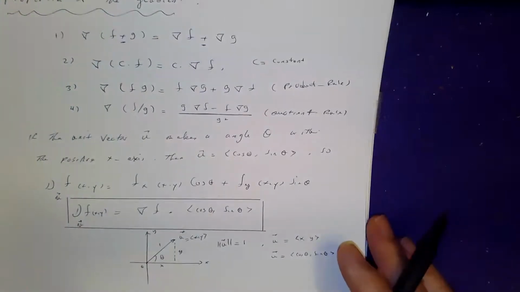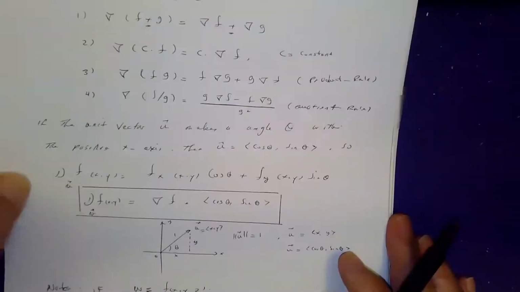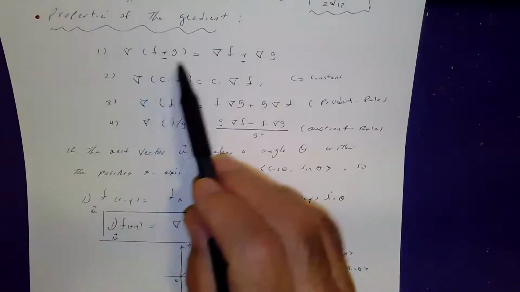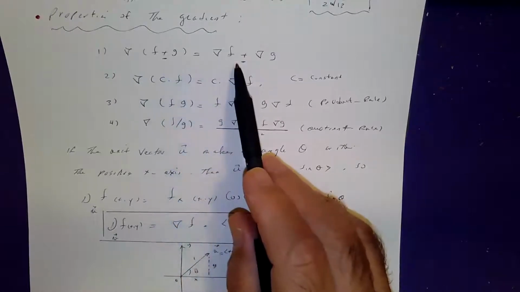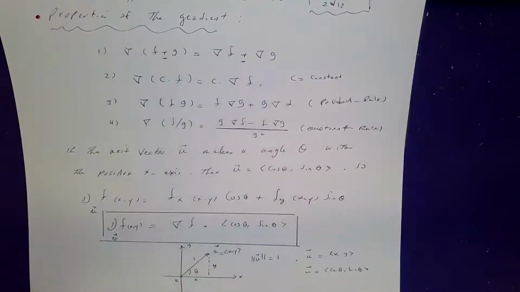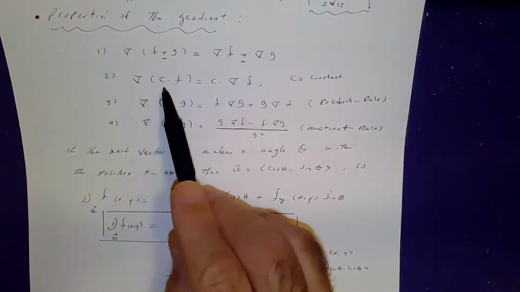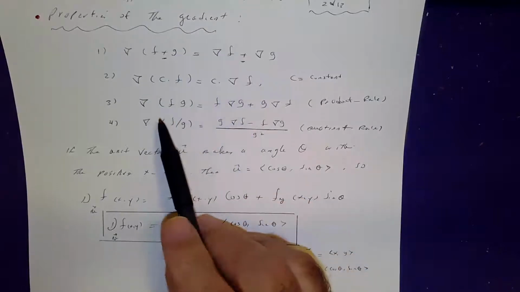All right. So what would be the properties of the gradient? The gradient of a sum or difference of two functions is the sum and difference of the gradient of each. The gradient of a constant times f is the constant times the gradient of f.